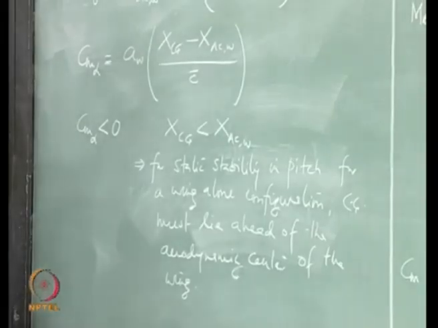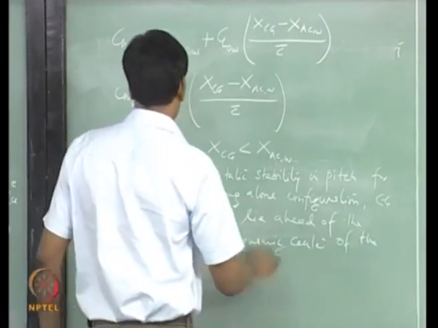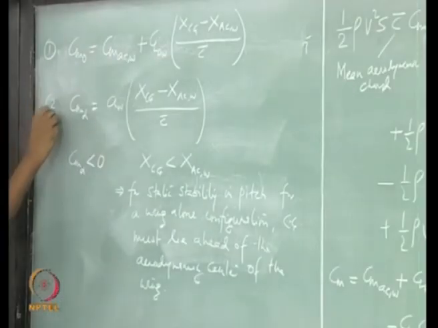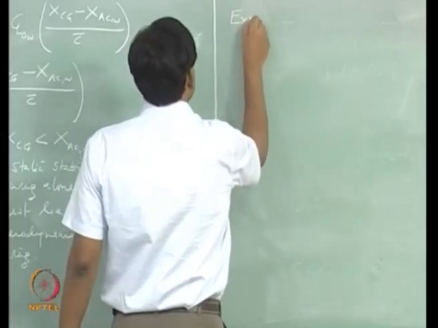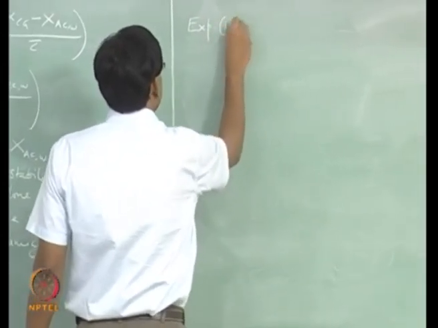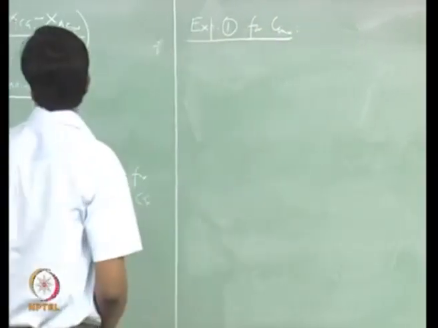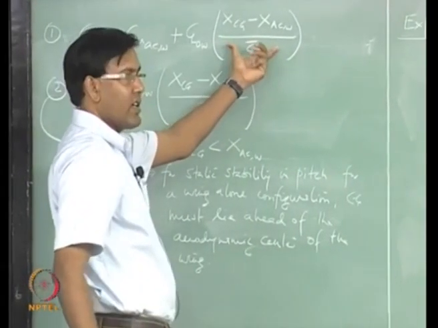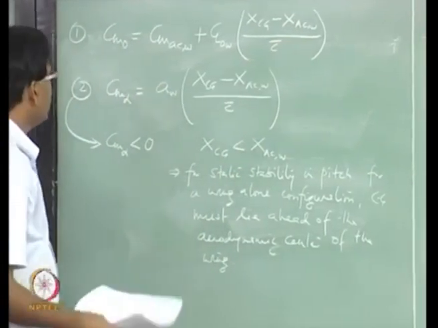Now, let us look at what is happening to Cm naught. So, the expression 2 results in this conclusion. The expression 1 is for Cm naught. Let us look at that. So, this quantity has to be negative because we have to ensure stability.